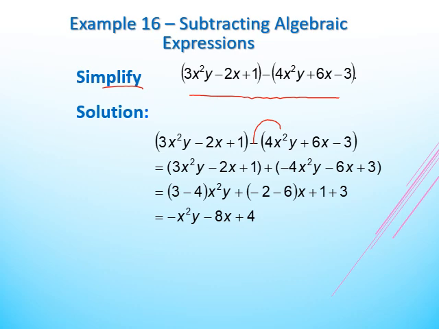Then we will add the similar terms to each other. So we will add 3x squared y minus 4x squared y, which equals negative x squared y, and we will add negative 2x and negative 6x, and the value will equal negative 8x. And finally add 1 plus 3 and the value is 4.